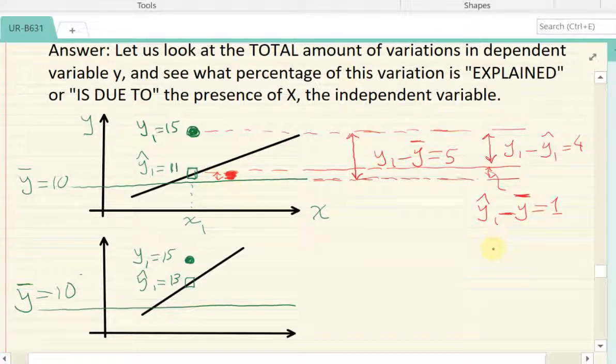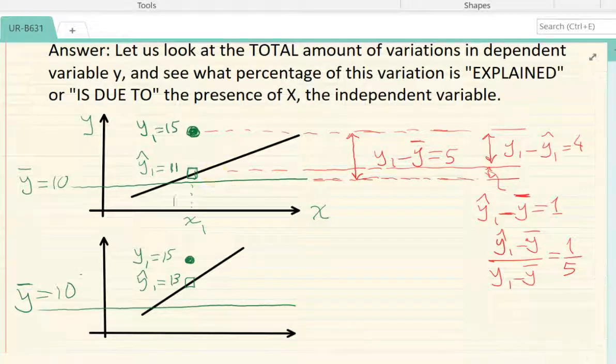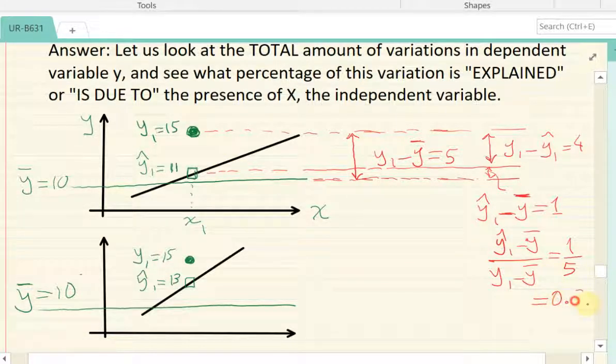If I divide y hat 1 minus y bar by the total, y1 minus y bar, which is the total of 5 units of deviation of the observed value from the average, I get a simple number: 1/5, that's 0.2.